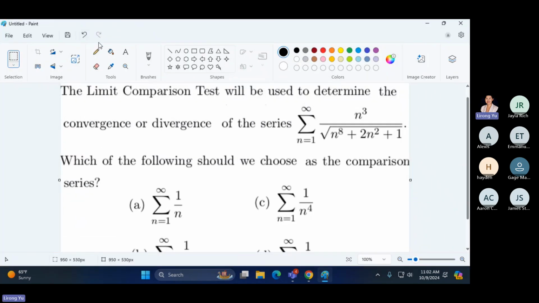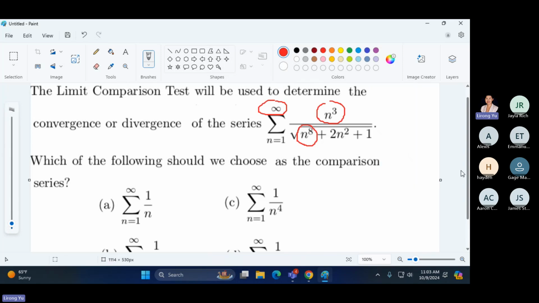So what we're going to do is look at the function and think about when n goes to infinity, the leading term with the highest power. The numerator is n to the power 3. The denominator is the square root of n to the power 8. The root is a half, so 8 halves, that's n to the power 4 in the denominator.